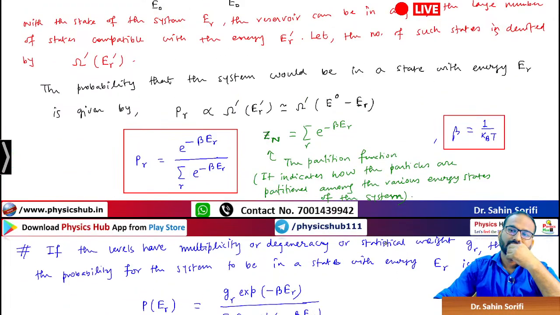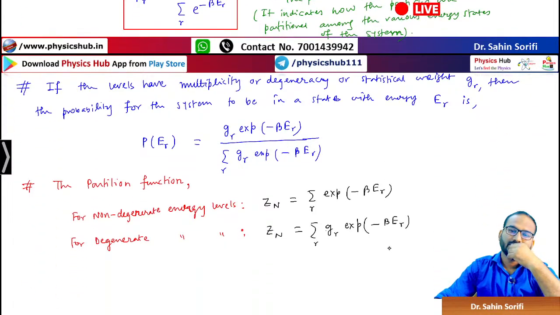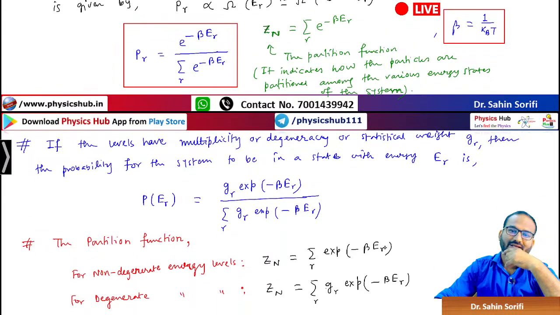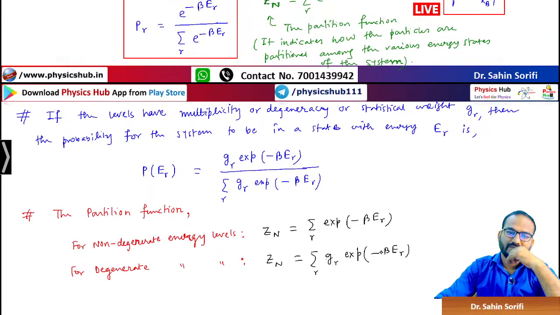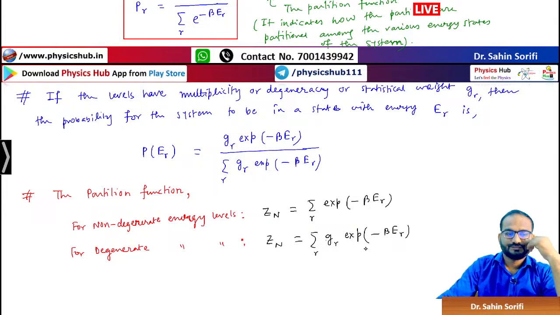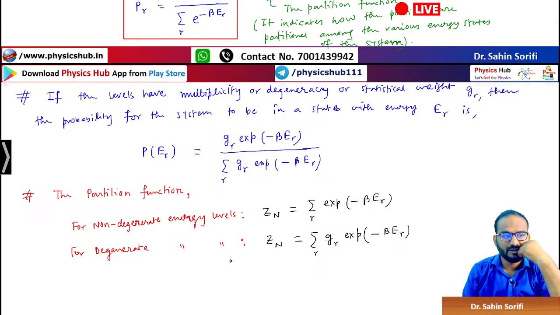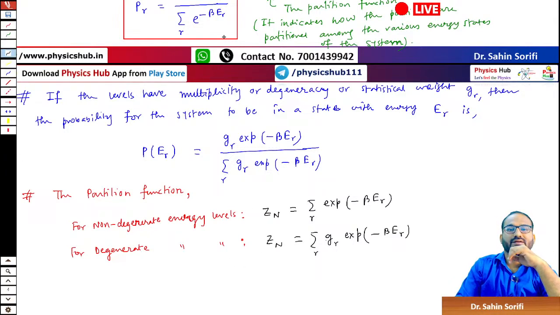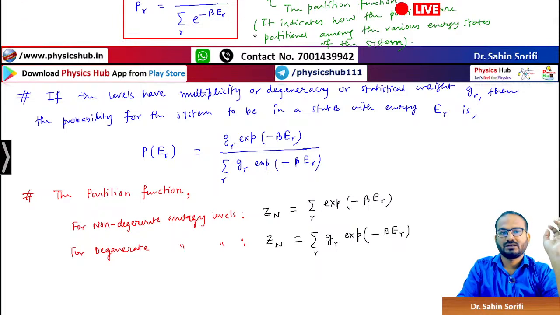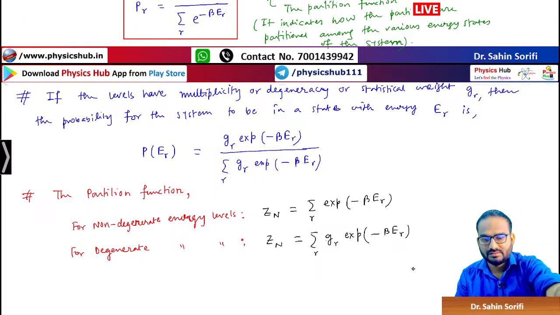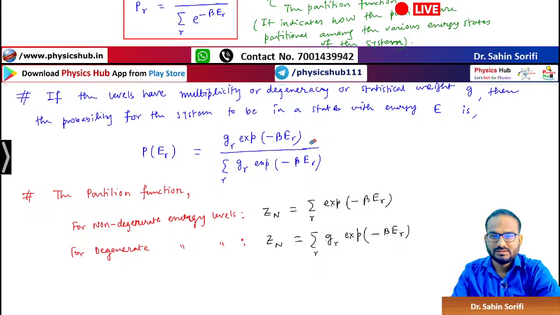We can use I instead of R. R is not much used, so we can just change it. Like here for the reservoir, to denote reservoir, we have used R, but for the upcoming derivations or nomenclature, we can use I. If you want, you can go with R, there is no issue, but you can change R to I. That is more commonly used.